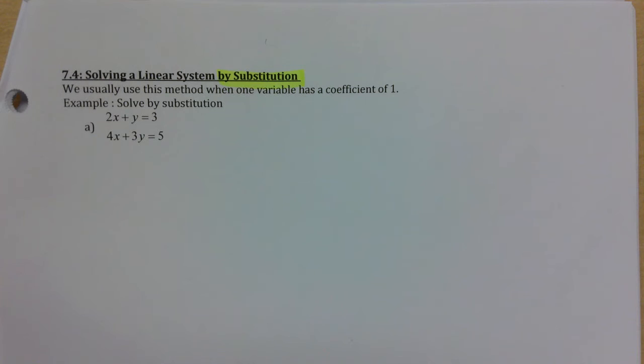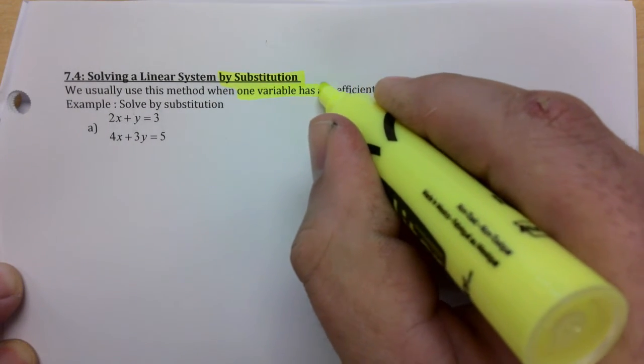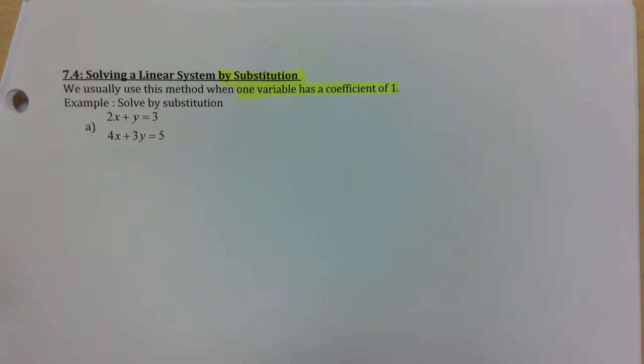And each way of solving has its advantages. We usually use this method when one of the variables has a coefficient of 1. That's the best application of this. It doesn't mean that that's the only way.